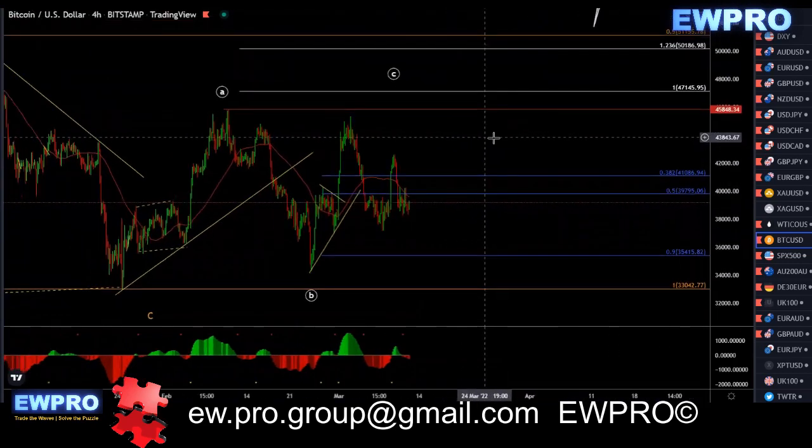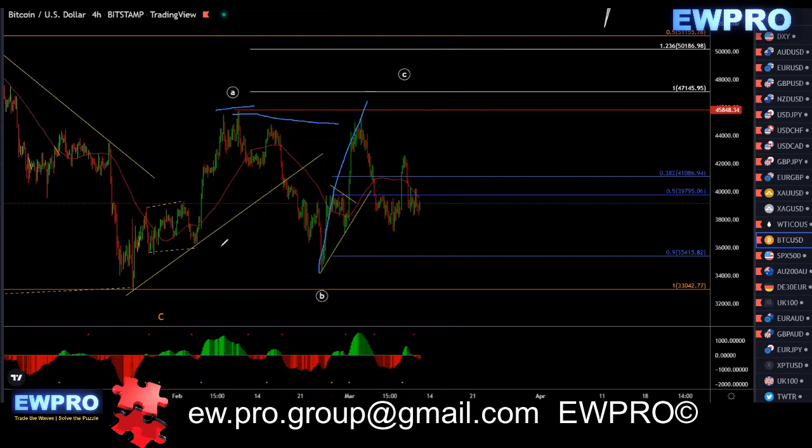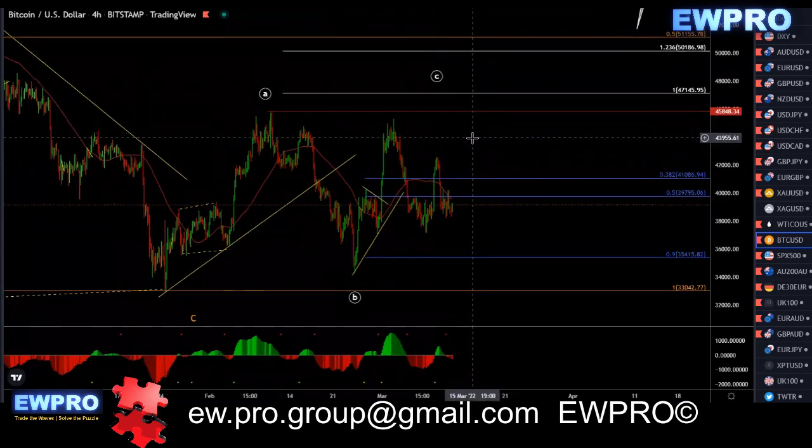On the H4, like I said last week, this C up never went and broke the top. It may be a contracting flat, but we're never going to know. At this stage, I'd be staying out of this altogether until we get a clear direction.